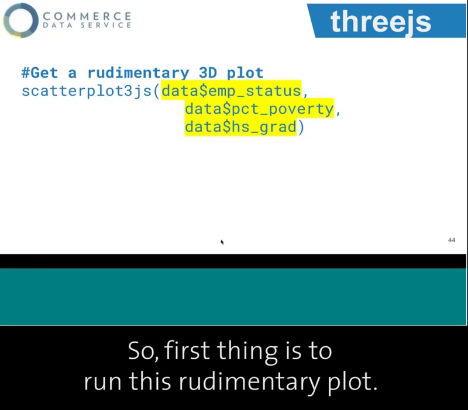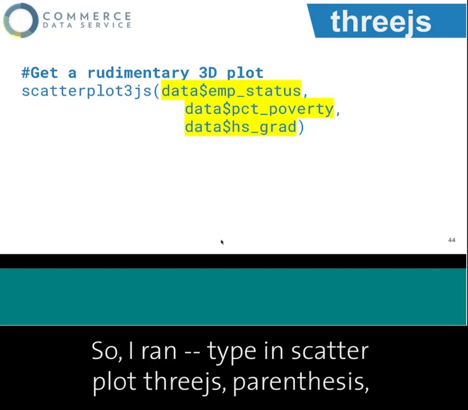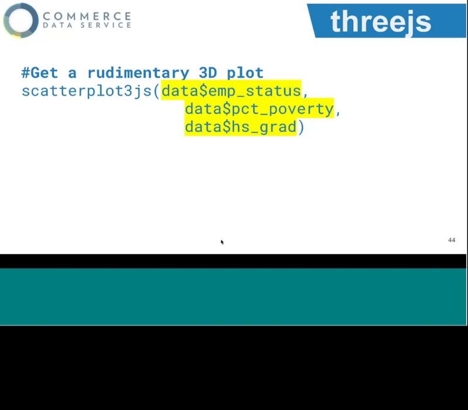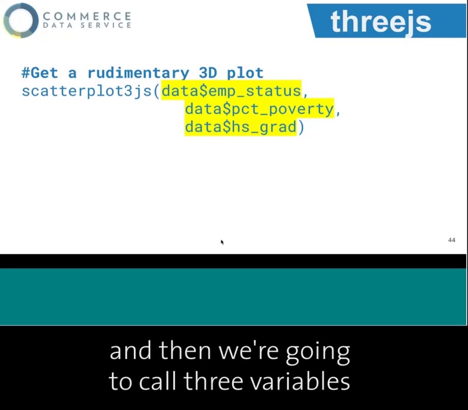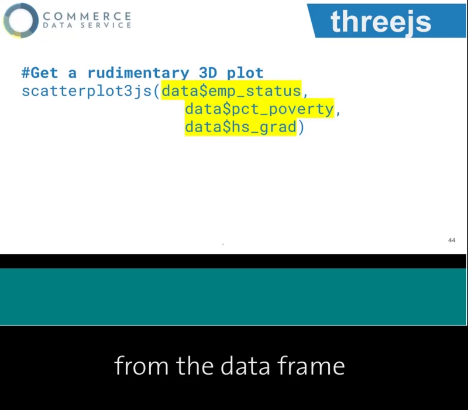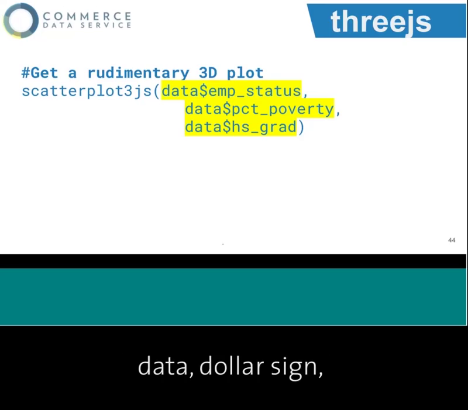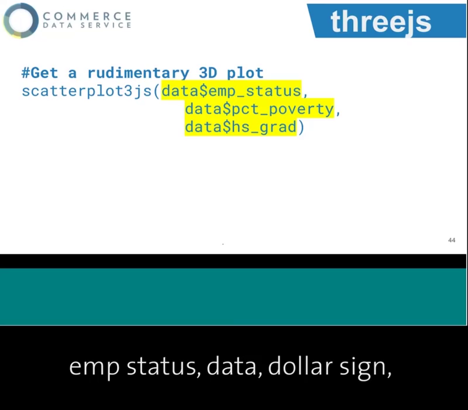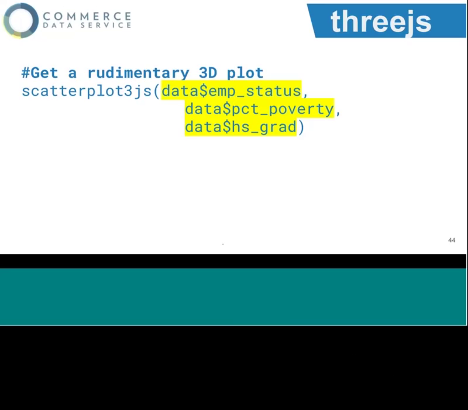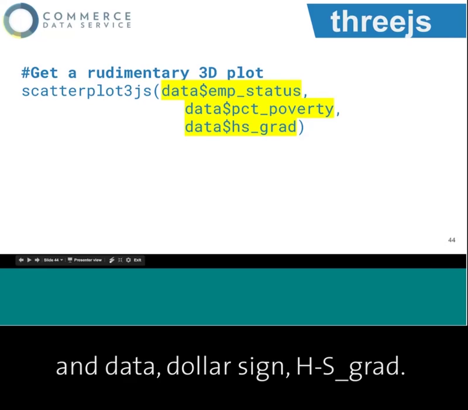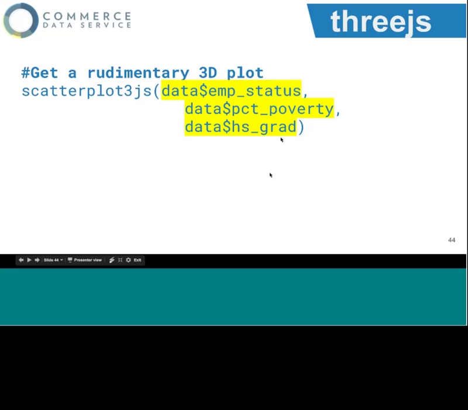So the first thing is to run this rudimentary plot. We're going to type in scatterplot3js, parentheses, and then we're going to call three variables from the data frame that you've already loaded in. data$emp status, comma, data$PCT underscore poverty, and data$HS underscore grad.